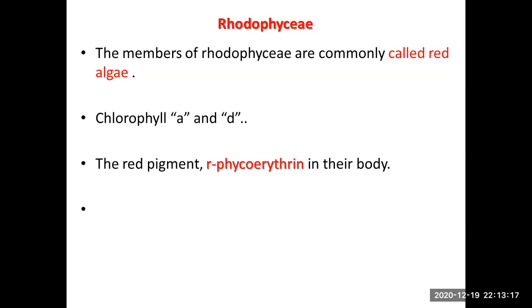Most of the red algae is marine. They are present in warm areas. Red algae are found at the surface of the water and deep inside the water.